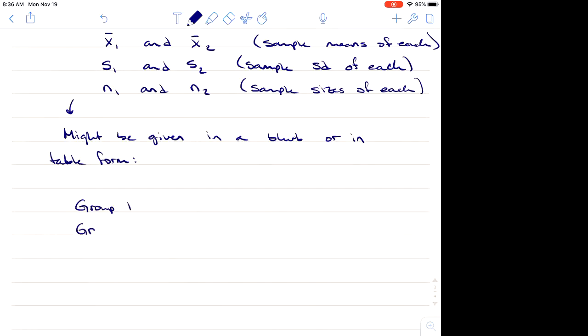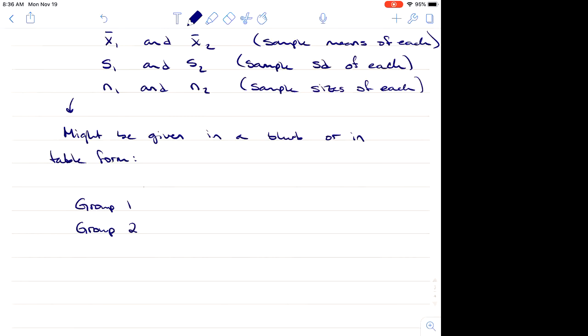Group 1, group 2. X bar, S, and N, for example, where I give you X1 bar, X2 bar, S1, N1, S2, N2.